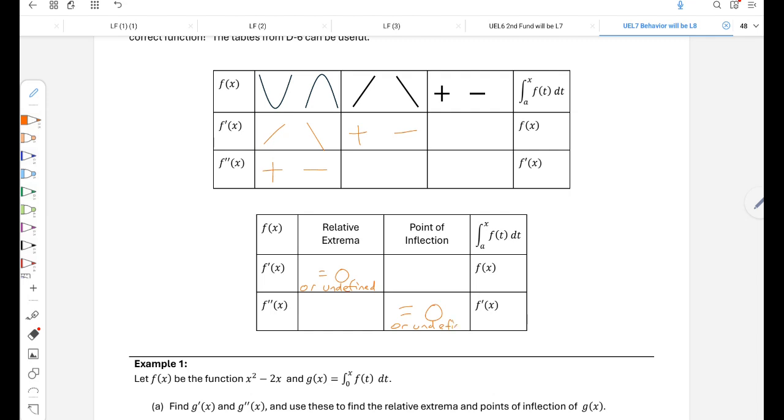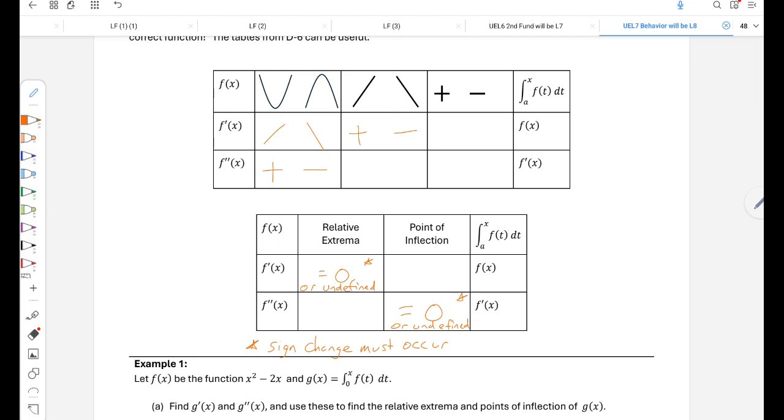And in both cases, we need to have a sign change around it. So in each case, we've got to have a sign change that occurs. So it might be a relative extrema if it equals 0.